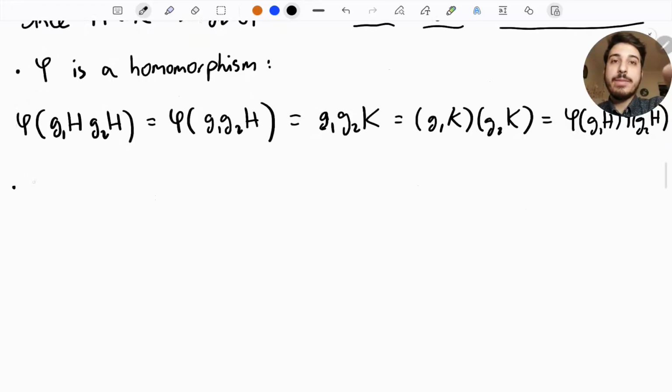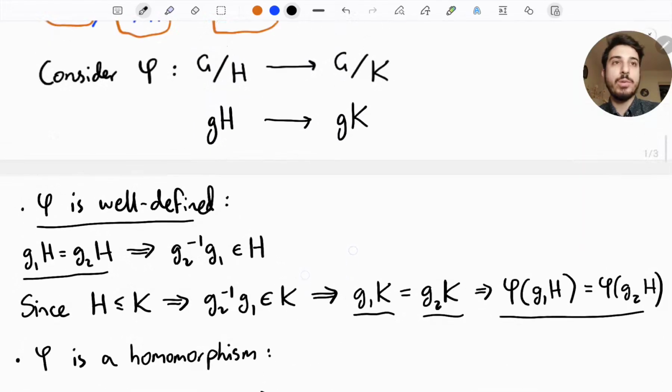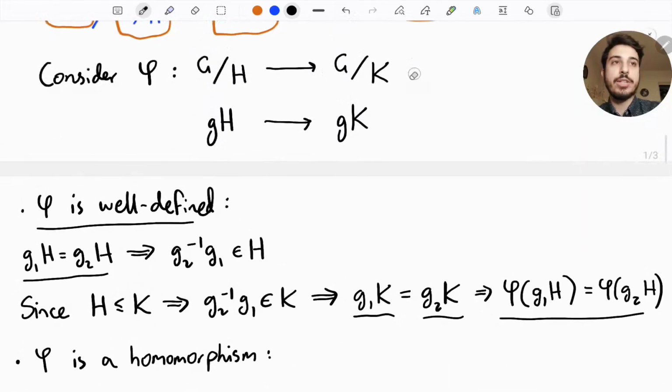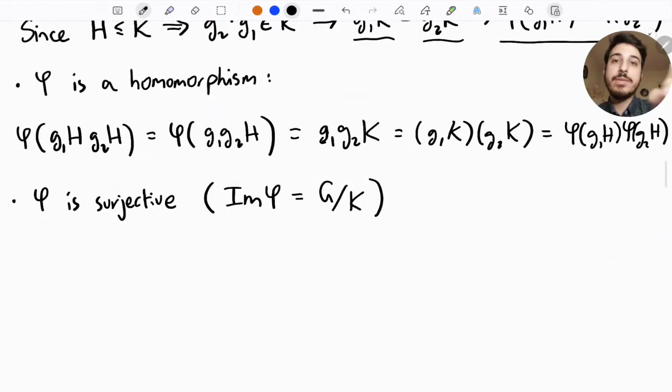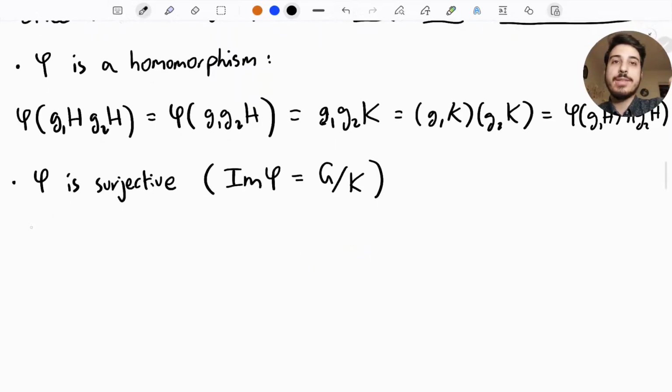Thirdly, we want to prove that phi is surjective. By proving this, we will have said that the image of phi is equal to the entirety of the codomain, which is G/K. The reason it's surjective is because if we take any element in G/K, we want to see that it's the image of some element. So take L to be an element in G/K.